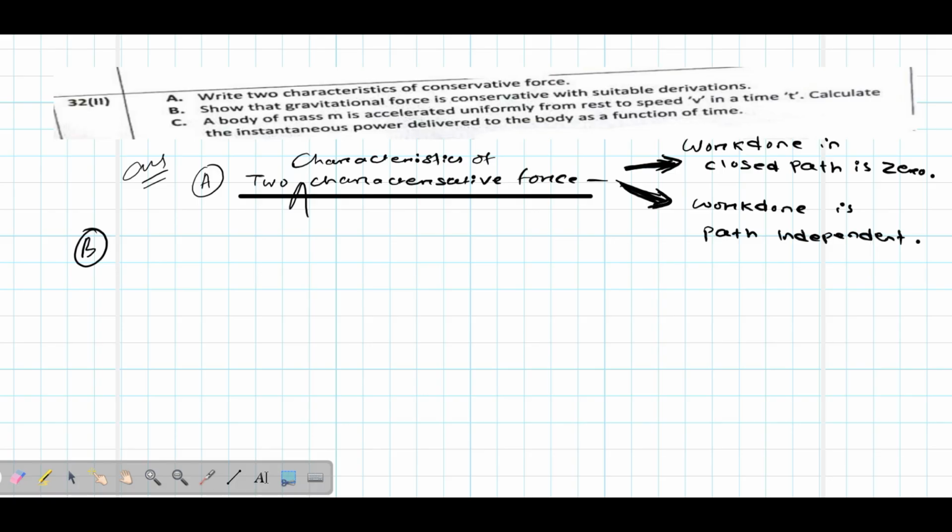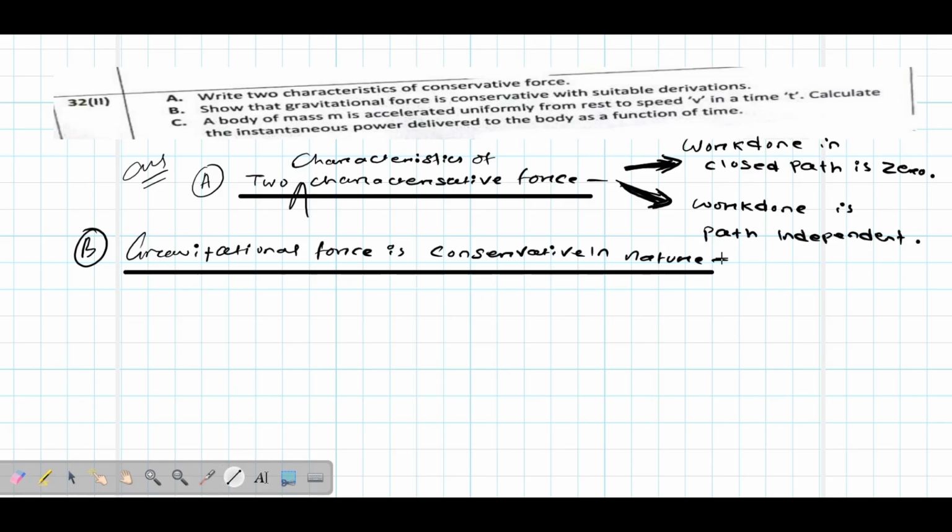Gravitational force is conservative in nature. How is the gravitational force conservative in nature?